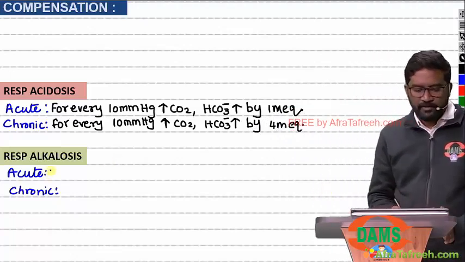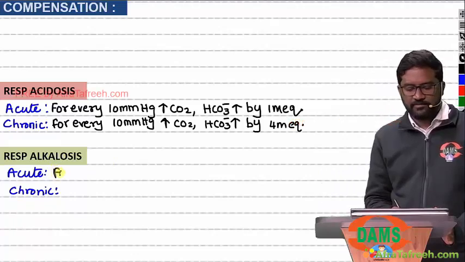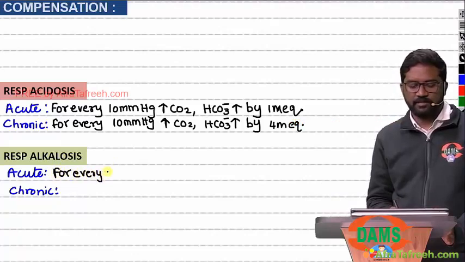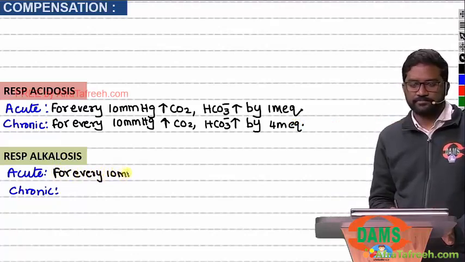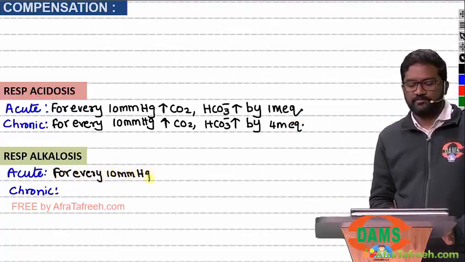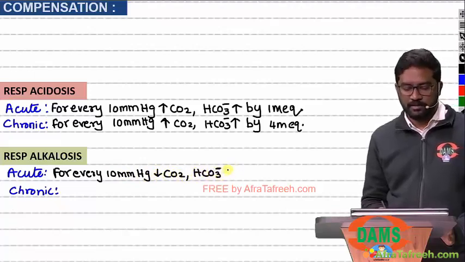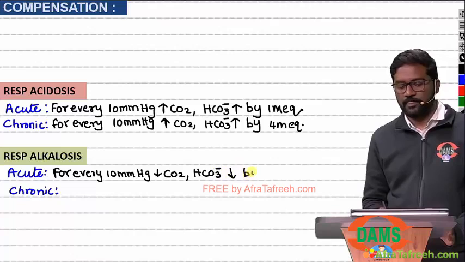Then, for respiratory alkalosis, because they are derived from various graphs, the formulas are slightly different. For every 10 mm Hg decrease in CO2, bicarbonate decreases by 2 milliequivalents.